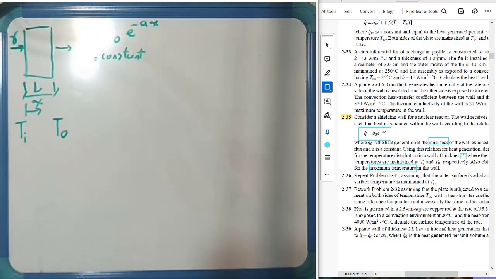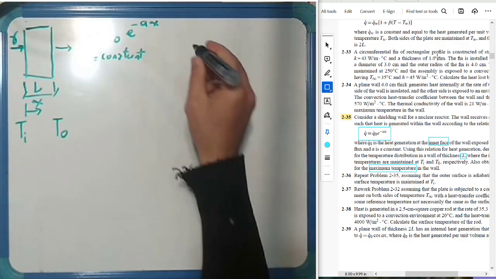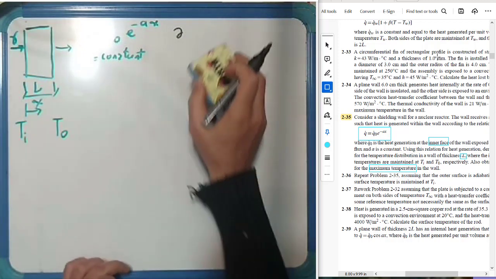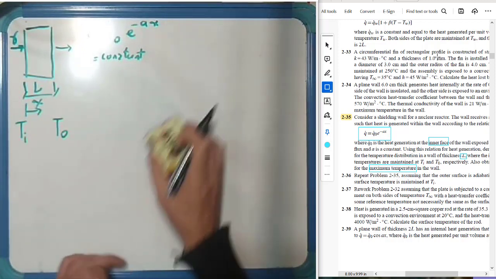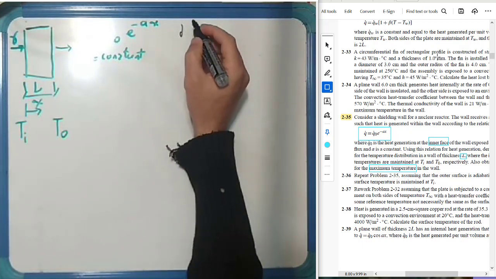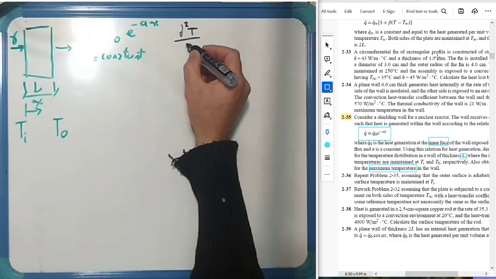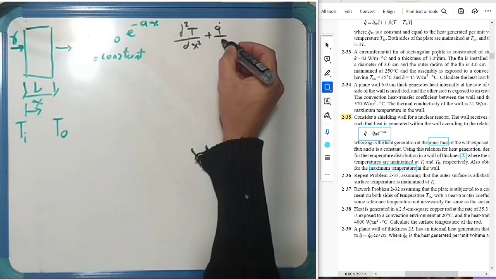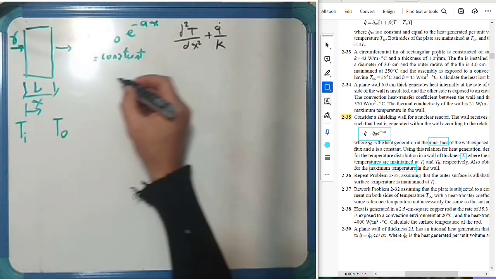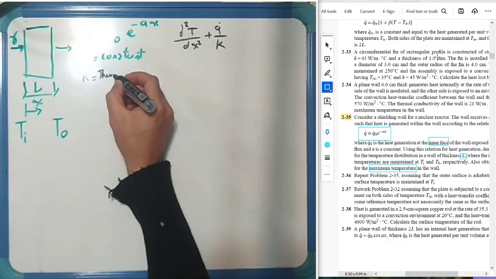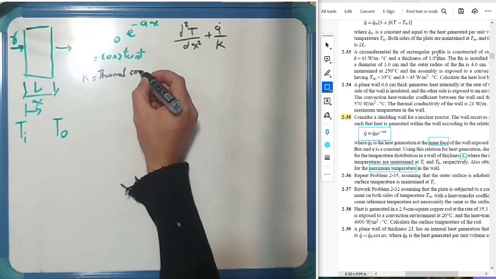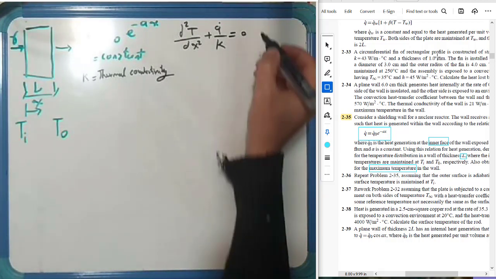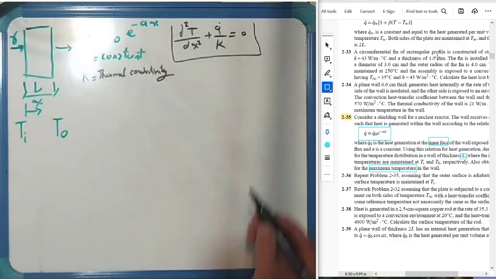We have a second order differential equation for temperature, like this: d squared T over dx squared plus Q dot divided by k, which is thermal conductivity, equals 0, which is a kind of homogeneous differential equation.